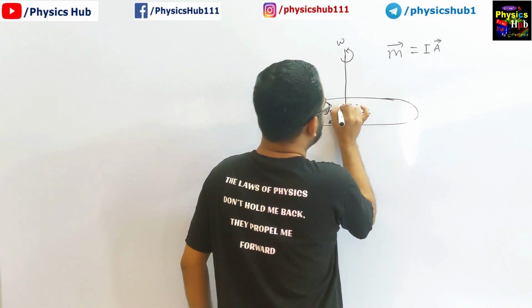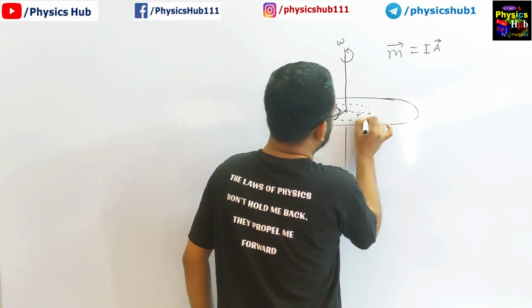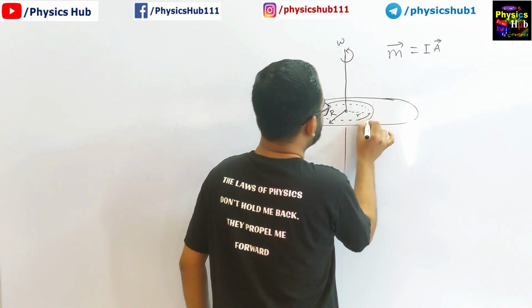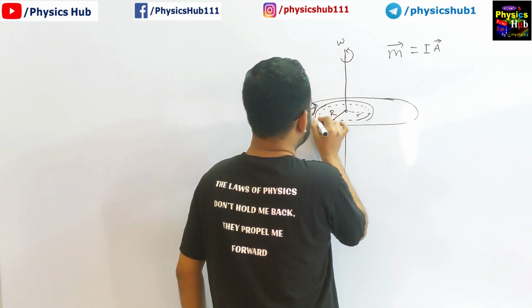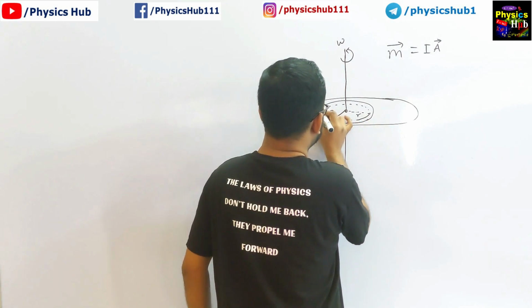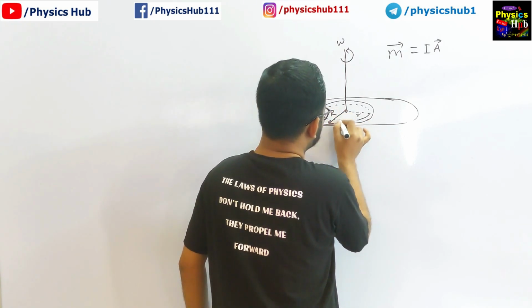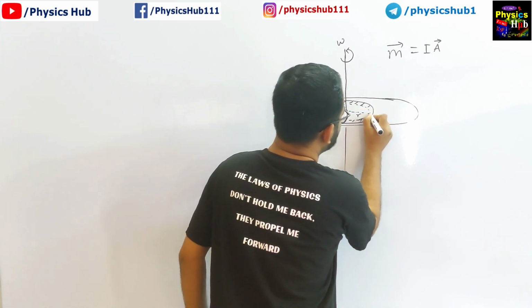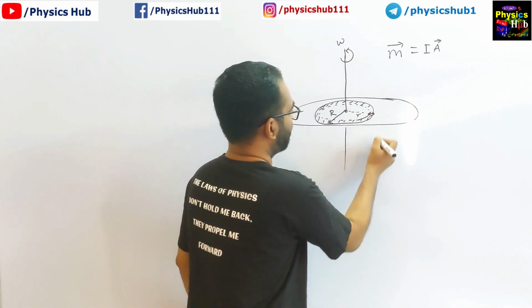So we take a circular strip of radius r, and let's say the width of this strip is dr, like this. This much width is dr.